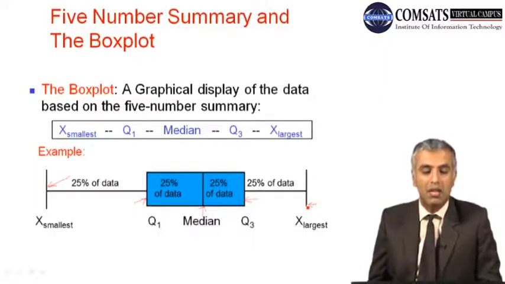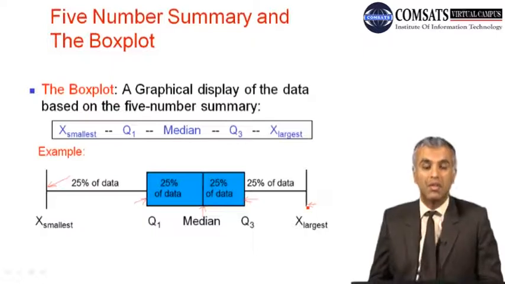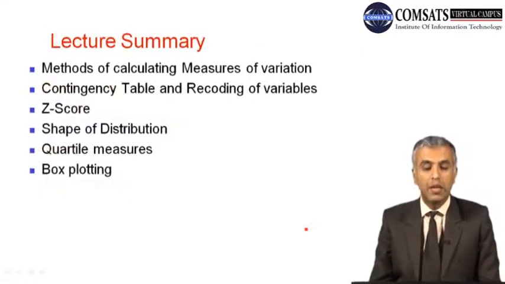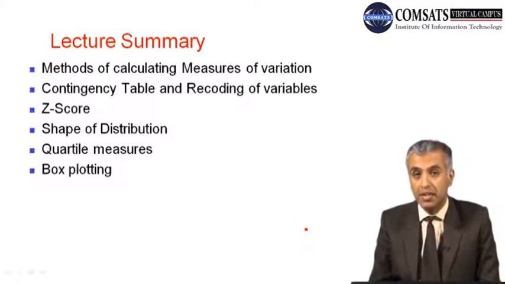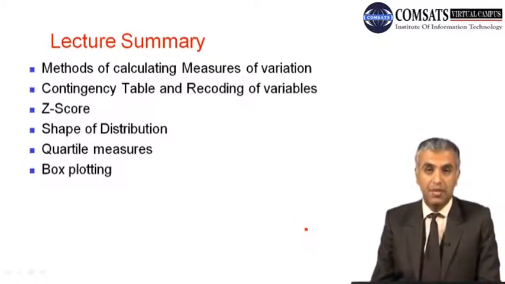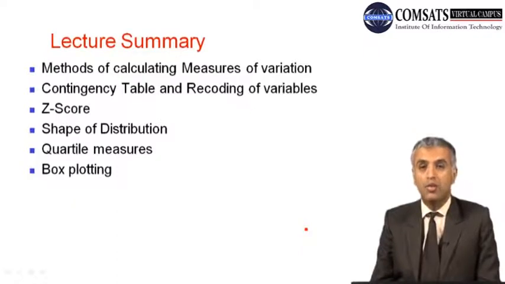So let's come to the summary of this lecture. Today we studied different methods to calculate various measures of variation in SPSS and how to use the compute variable function in SPSS software.